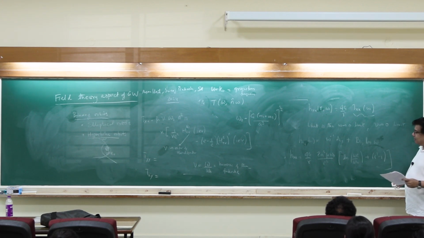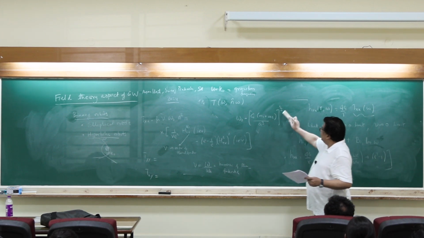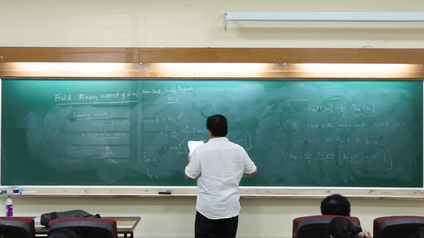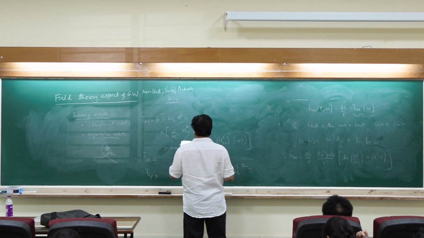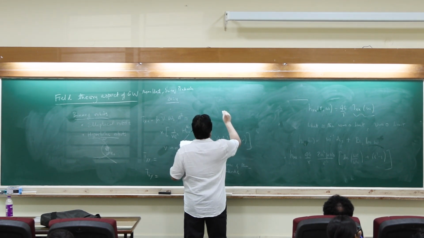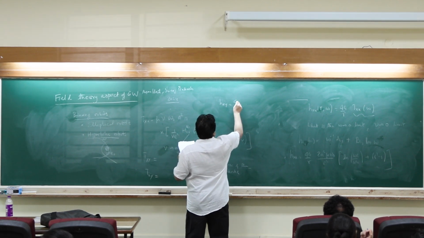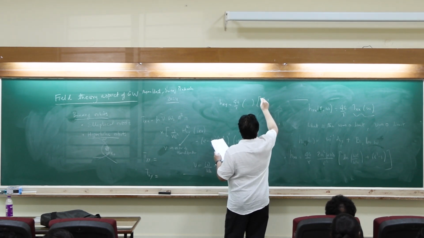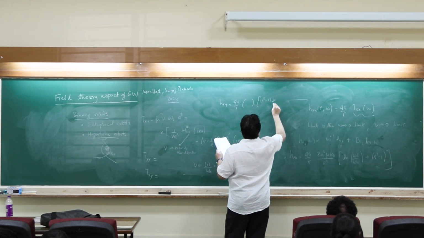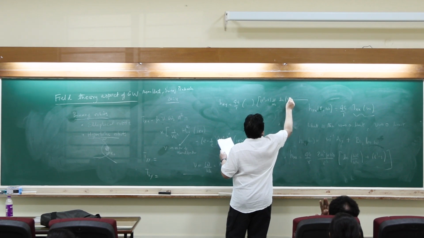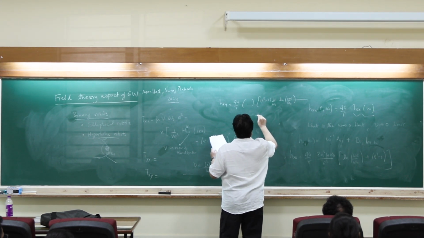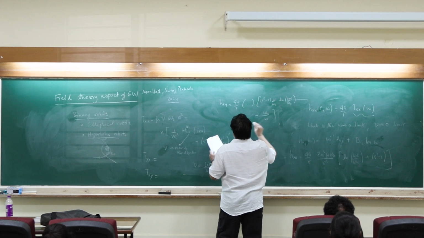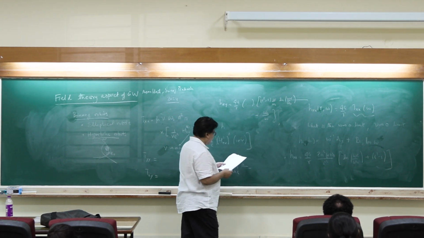Here we have a log term, and I'll write down one more expression where Hxy is 4G by R times something times log omega over omega naught minus something.